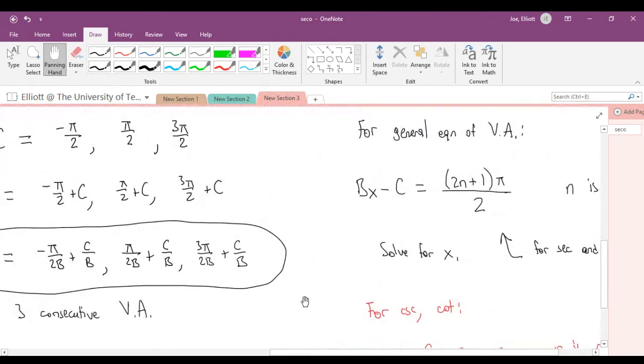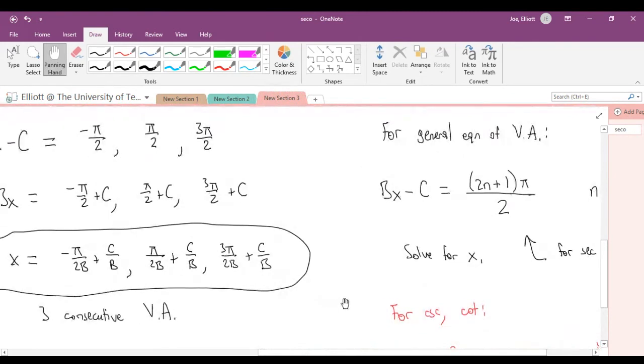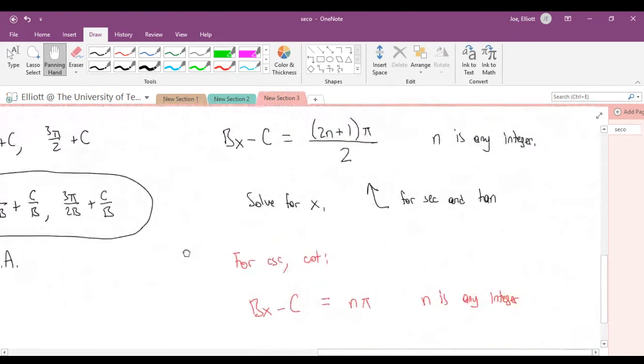Yeah, I was just going to ask, could you just scroll down to sine and the cotangent? Yeah, there you go.